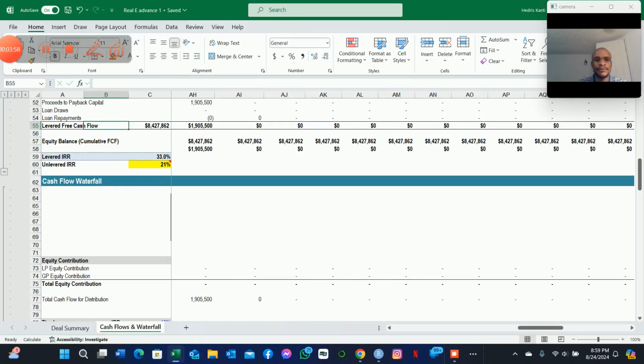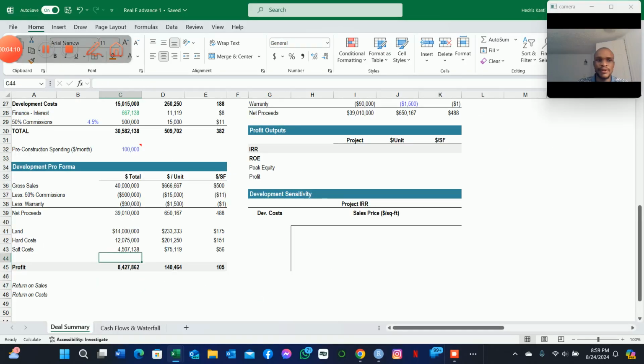So as you can see, $8,427,862. That's the same profit that we get in our deal summary section. So we can see that we've modeled it very correctly. So the profit that is based on the sales, on the net proceeds, and we deduct the cost, is equivalent to the free cash flow to the equity investors. So as you can see, that's the amount there.